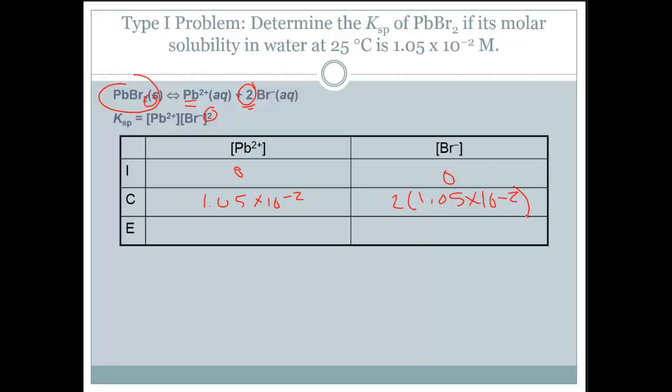And then from here, at equilibrium, the concentrations will be 1.05 times 10 to the negative 2, and then 2 times this, which is 0.021. From here, we're going to plug it into the Ksp equation that we've already derived.